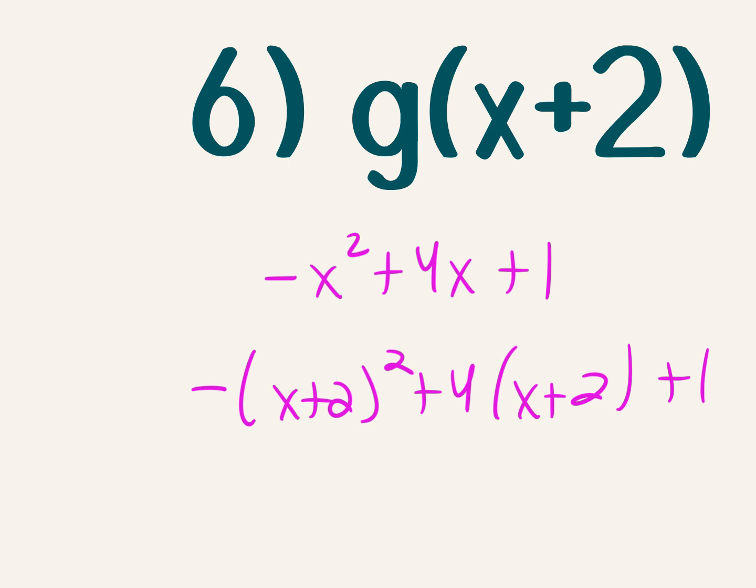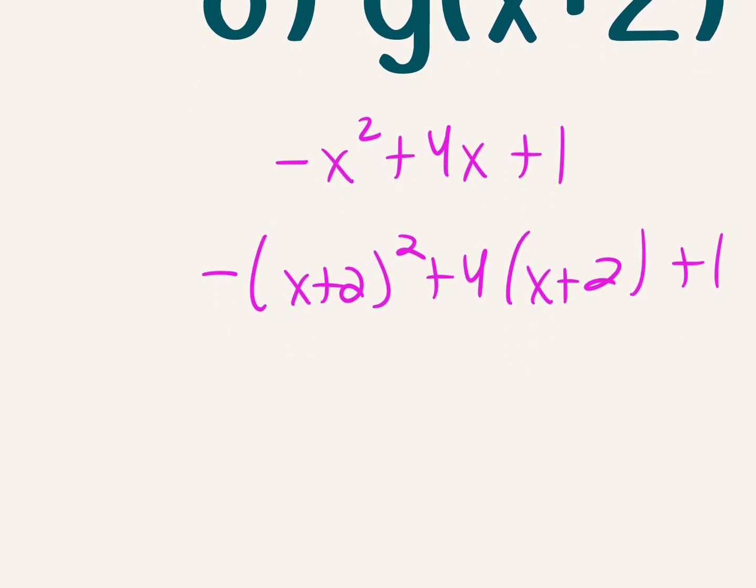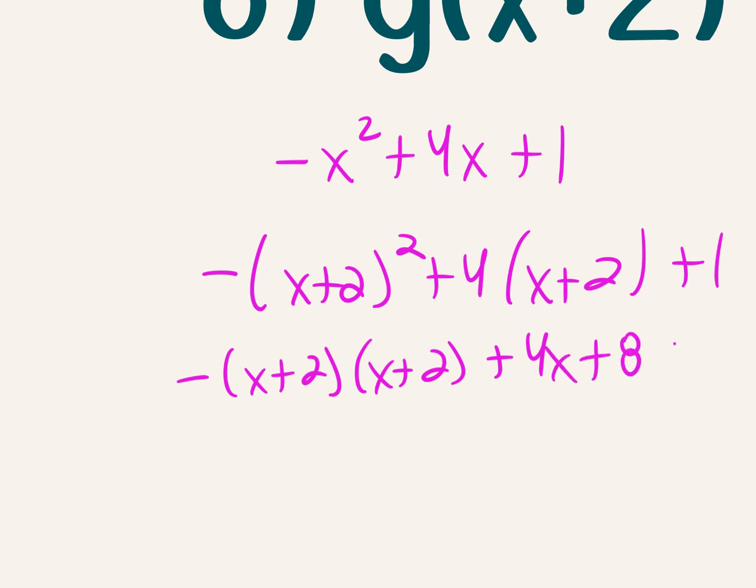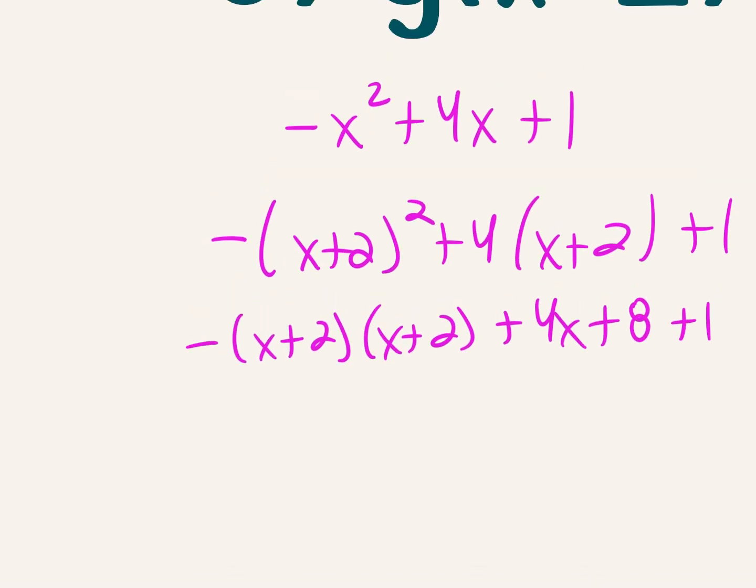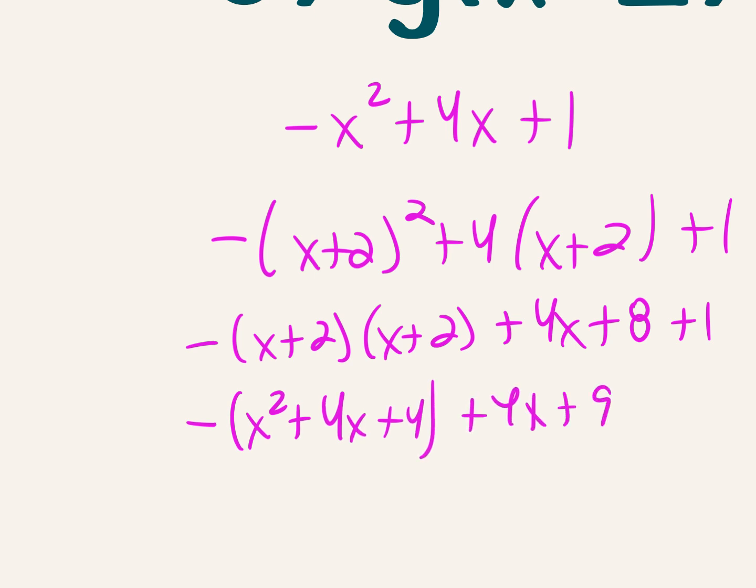So we need to simplify. This is really negative (x plus 2) times (x plus 2), plus 4x plus 8 plus 1. All right, if we go ahead and FOIL this, I have x squared plus 4x plus 4. You guys agree? Plus 4x plus 9.